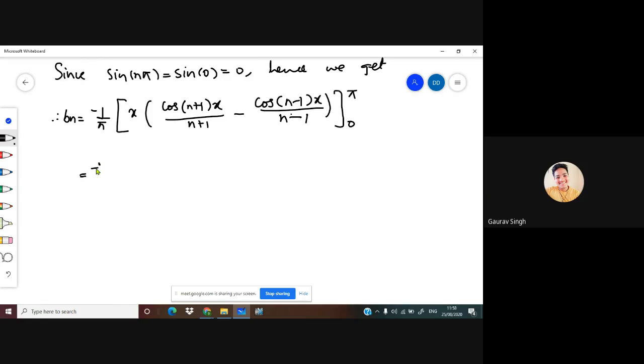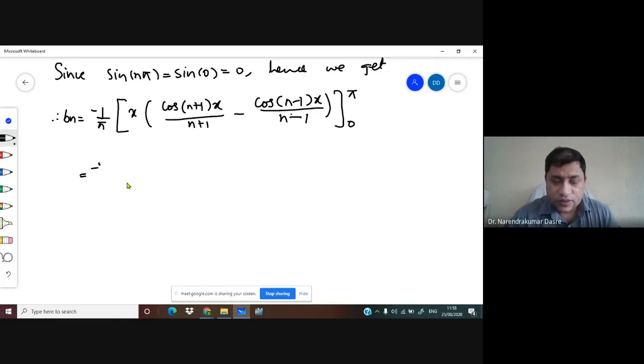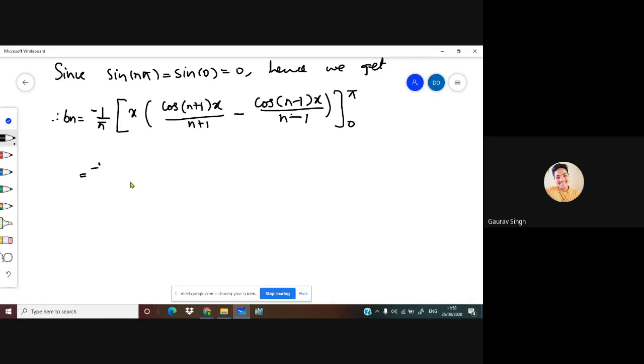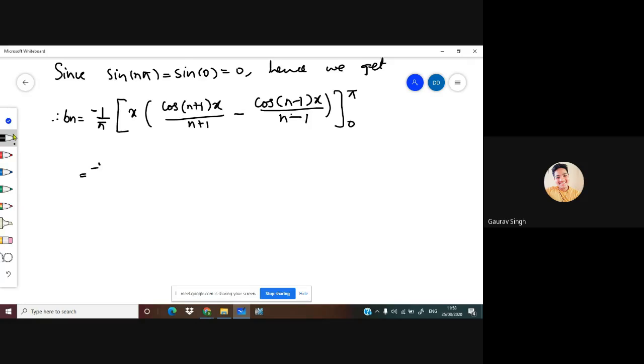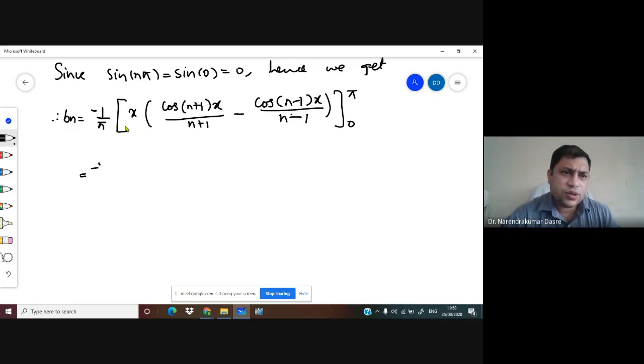So this is, Sir, it will be plus inside. Yes, Sir, it will be plus inside between the two terms. So you've taken minus common, so it will be plus inside the bracket. Yeah, this will become plus, correct. Okay, so minus 1 upon pi. Now apply the limit. This is pi.